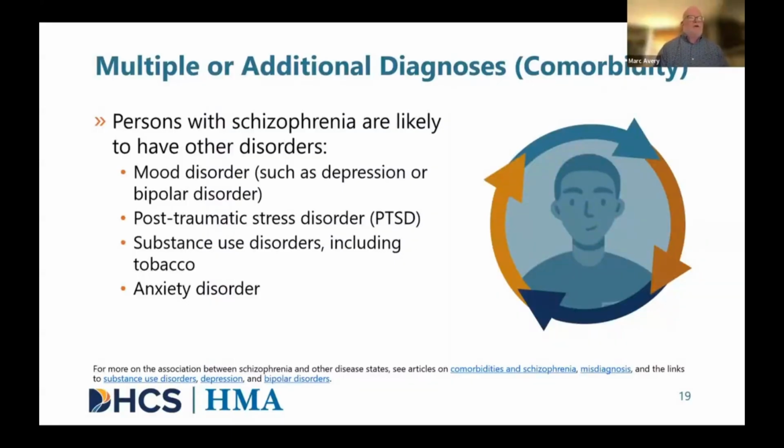Or that depression or mania may overlap temporally with the symptoms of schizophrenia itself. And in that case, if the overlap is significant, then the person's diagnosis may be changed to another diagnosis known as schizoaffective disorder, which is also, by the way, eligible for CARE Act.